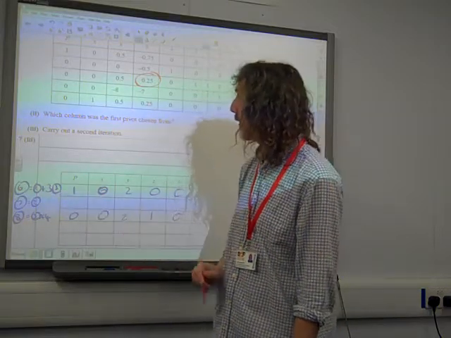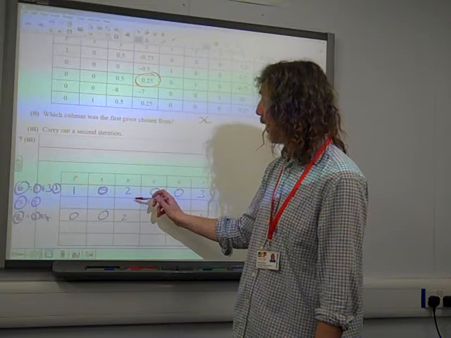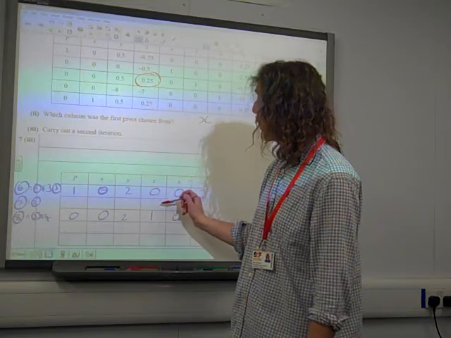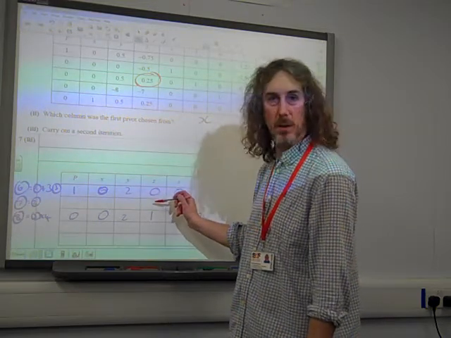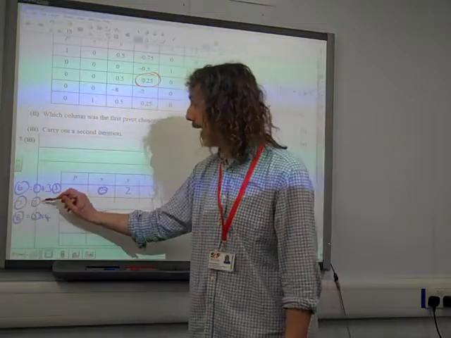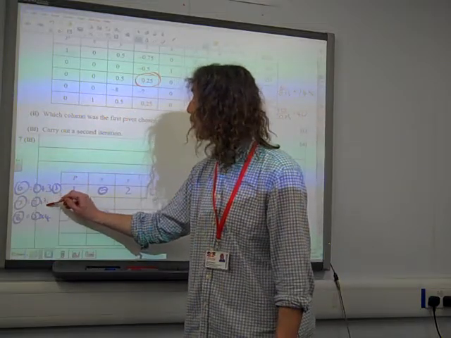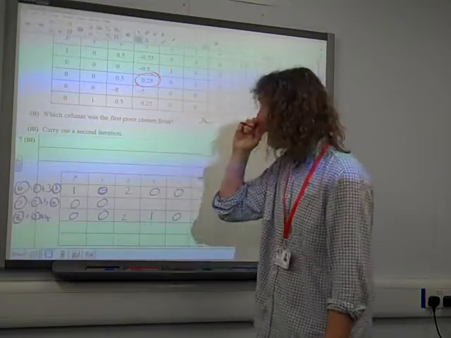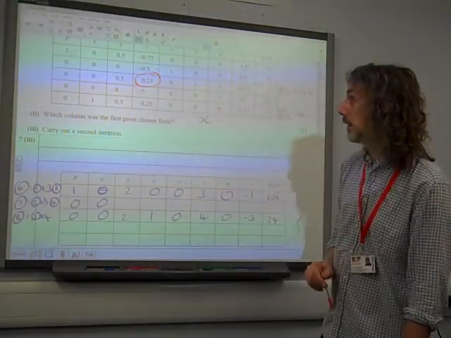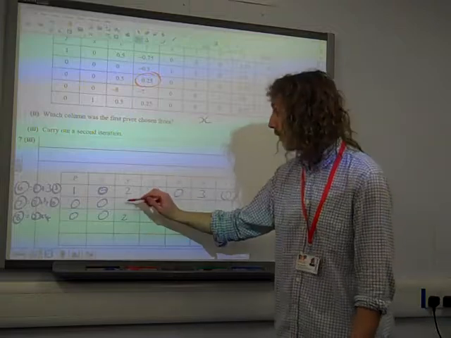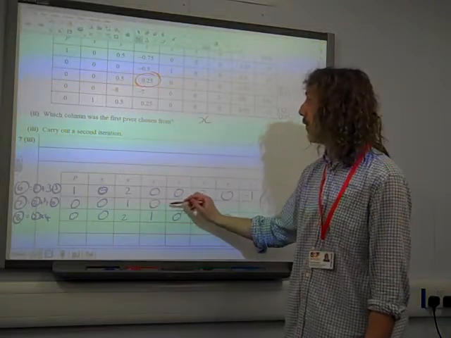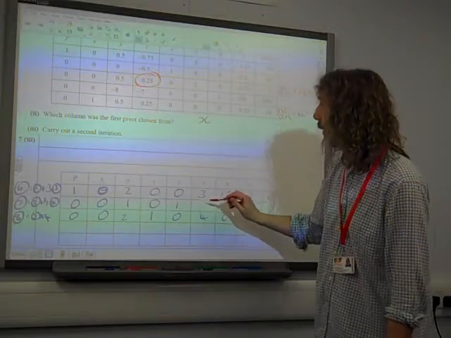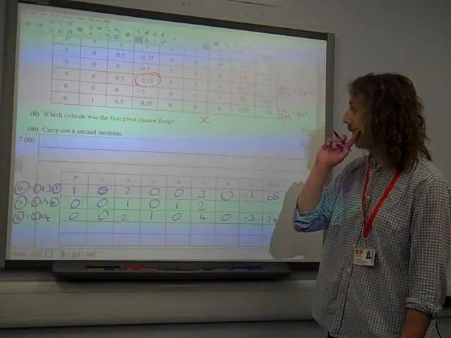What are we doing? Row 7 is row 2 plus a half of row 8. That gives us 0, 0, 1, 0, 1, 2.